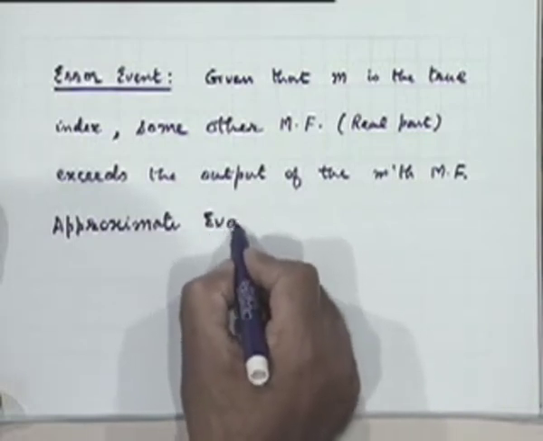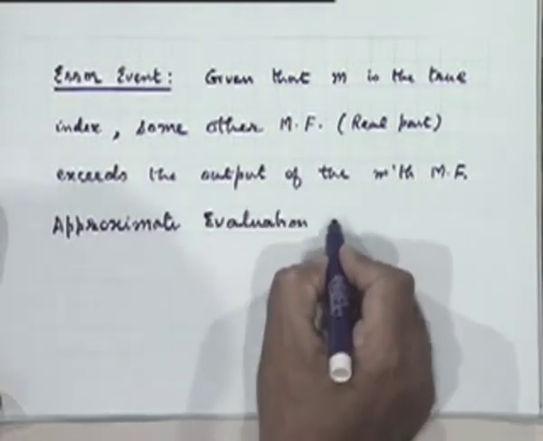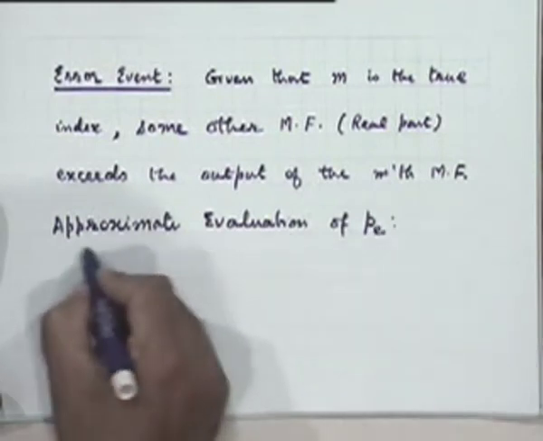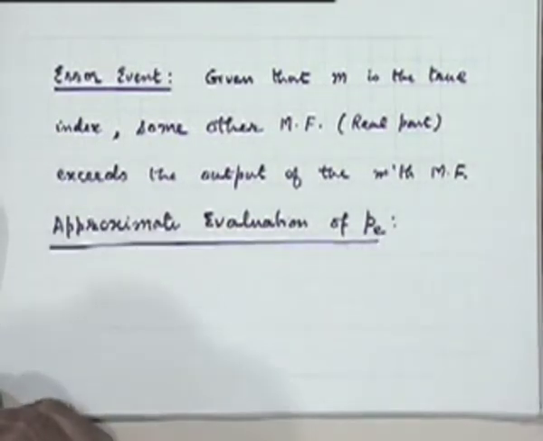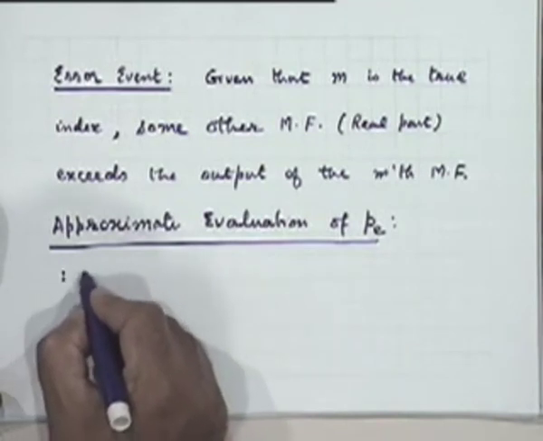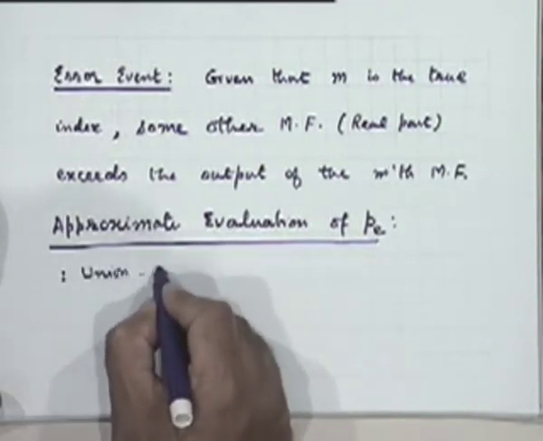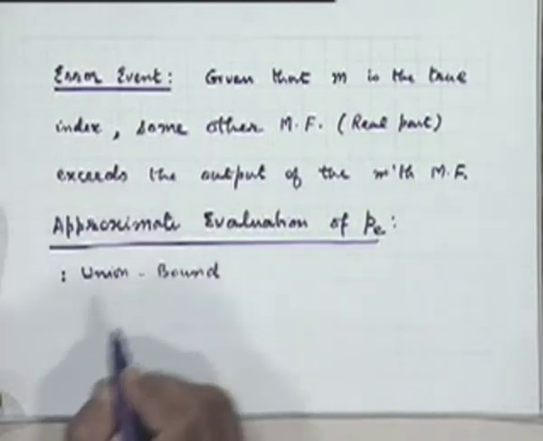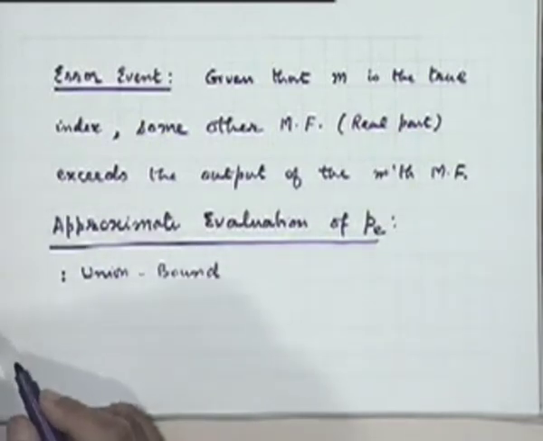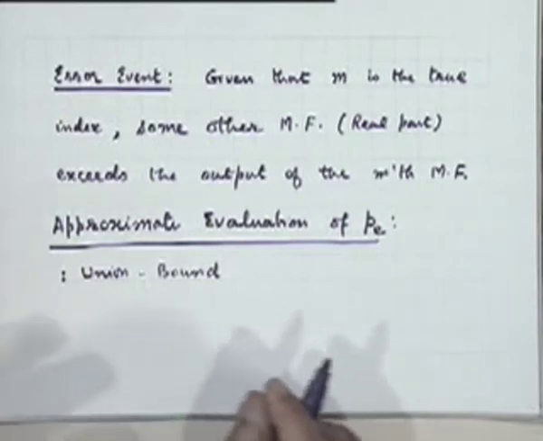Approximate evaluation of P sub B is based on what is called a union bound argument. The union bound argument is basically this: if M is your true index, then there is a certain probability that, let's say, we'll go through a count of all the other possible indices, leaving M, right?